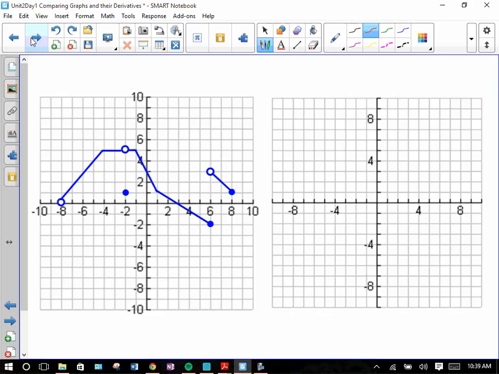So my slope there would be 5/4, which is 1.25. So from -8 to -5, my slope will be 1.25. Alright, then you go to the next one. My slope here is 0. So you go something like this, 0, and you do that line.